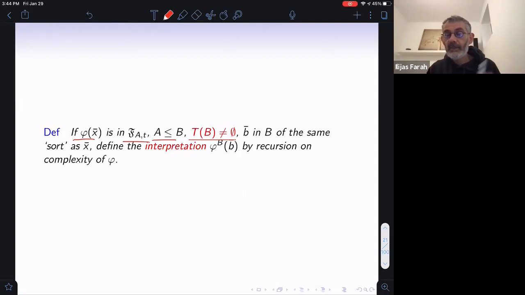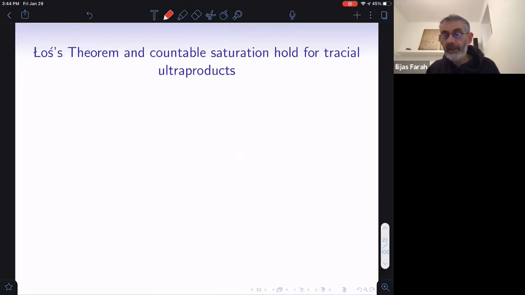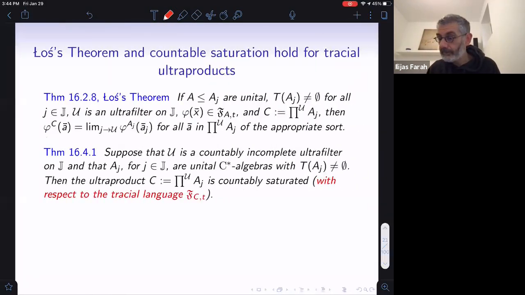Every formula comes with a modulus of uniform continuity. Also, what is really important for us is that Łoś's theorem and countable saturation still hold. So I just stated them here. It's the same theorem, but just for a different language.